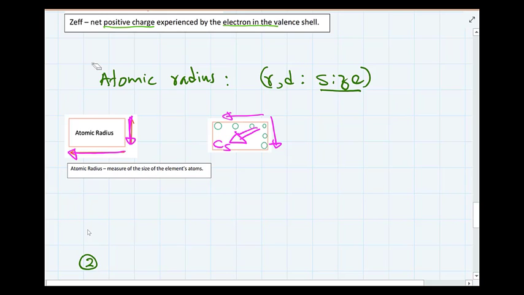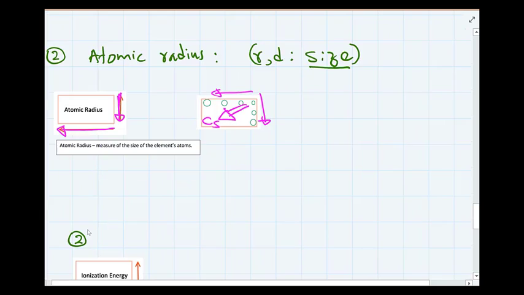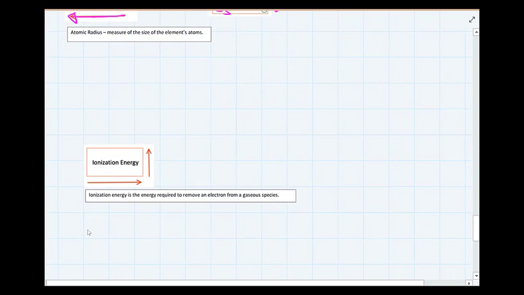So the ionization energy is, let's put number 3 here. Ionization energy is pulling out an electron from a gaseous atom, making a gaseous positive ion, and removing an electron, right?